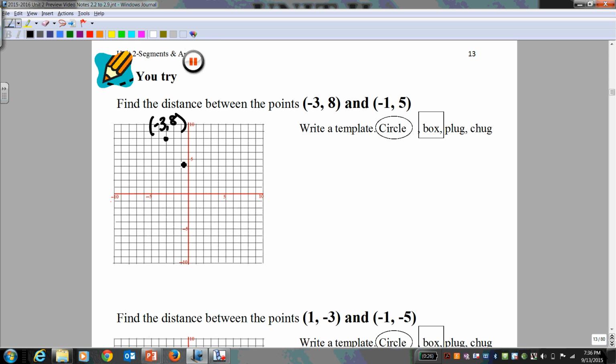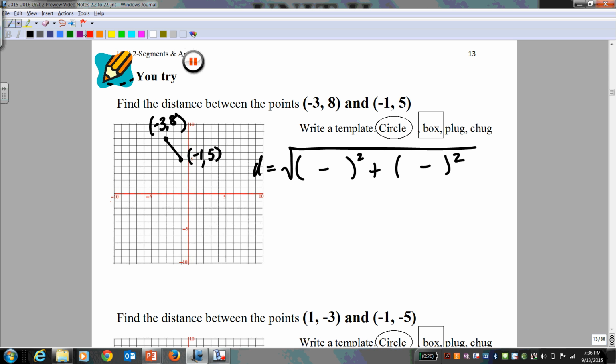And -1, 5 again. I could tell it's kind of a short line. Now I make my template, which is distance equals subtract the x's squared plus subtract the y squared. Circle my x's.